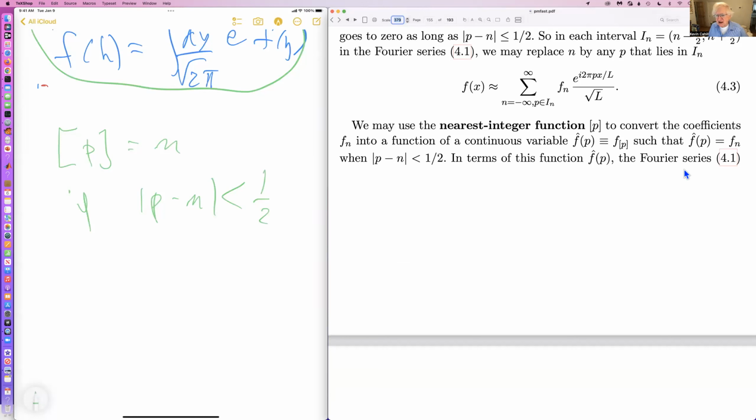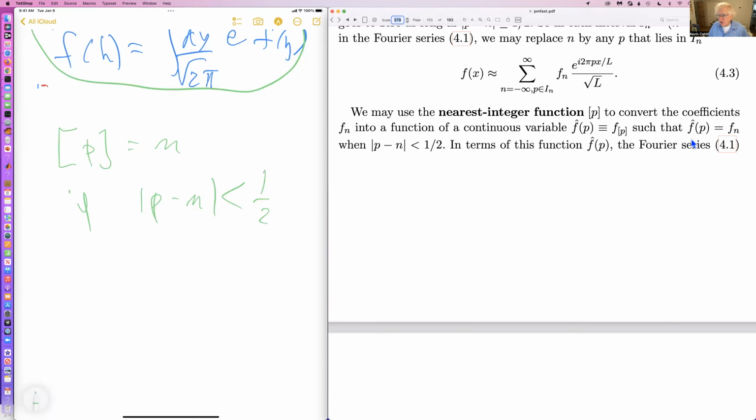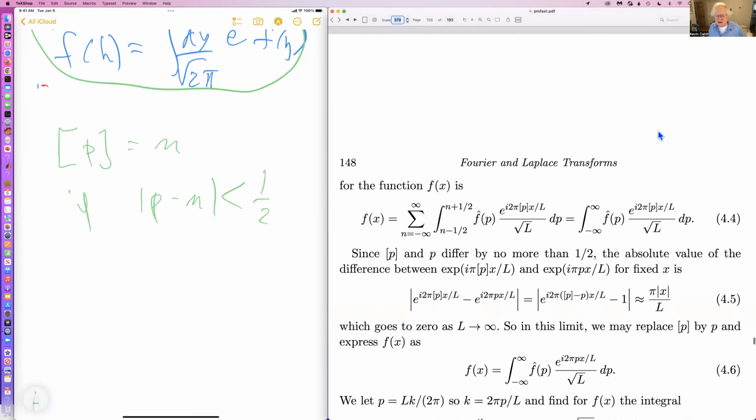And if we formalize it by saying that we set f sub n to f hat of p, where f hat of p is f sub the greatest integer, nearest integer of p, well, that just is no change at all. We haven't changed anything. It's exactly the same.